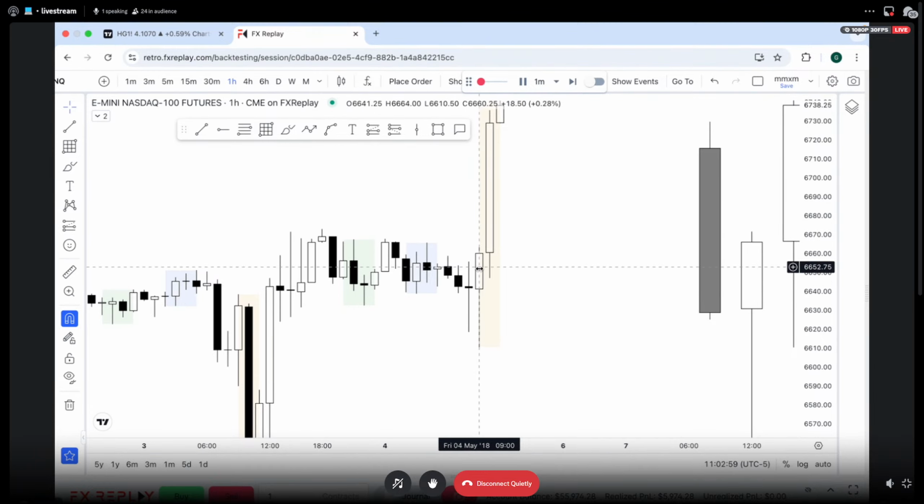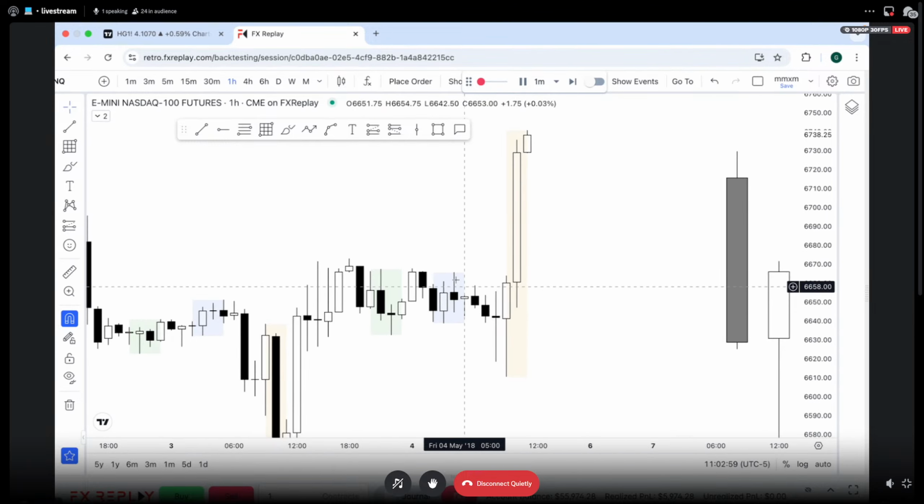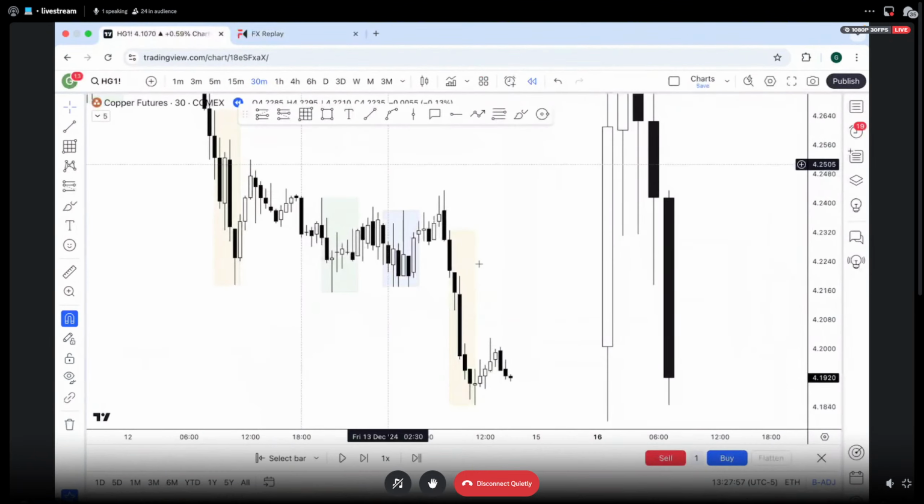They're just failure swings. Like I said, when we manipulate creating the low of the day and there's no established high of the day, that is a high probability New York reversal. Same thing here: you manipulate creating the high of the day, there's no established low of the day. High probability New York reversal.